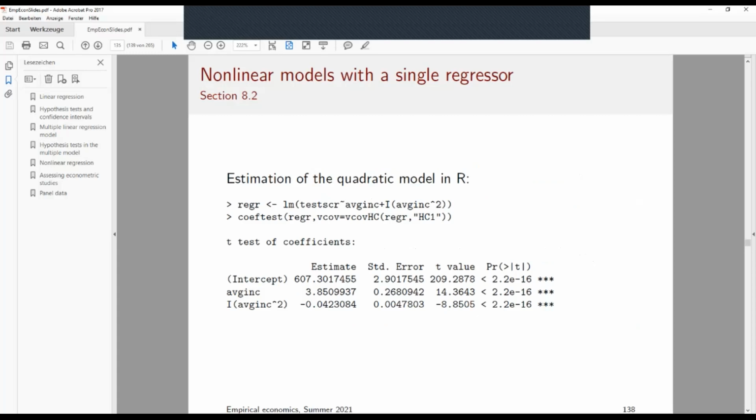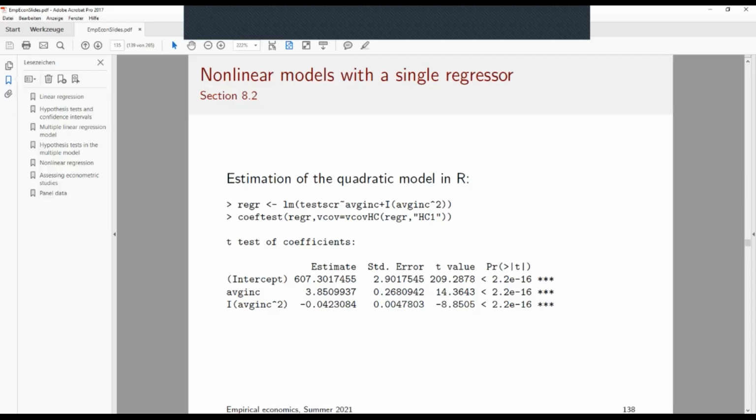If we want to do that in R, there are two ways we might do that. The first way is to first of all create a new variable, squared income, for example, that is equal to average income to the power of 2, and then use that new variable, average squared income, in our regression. The second possibility is to directly incorporate the polynomials into our lm function.